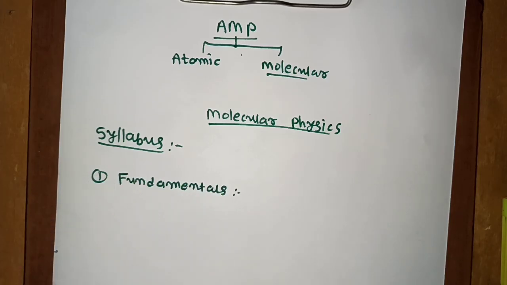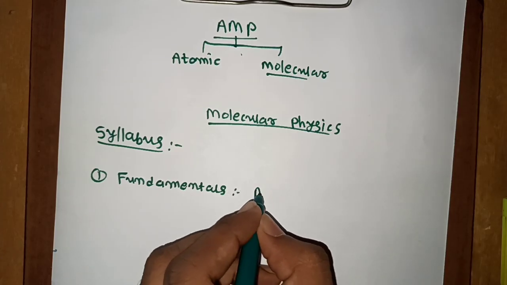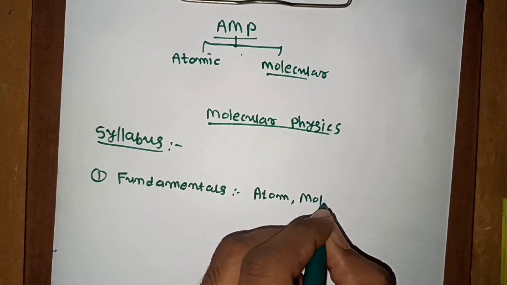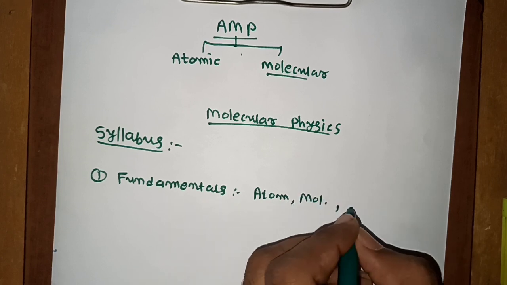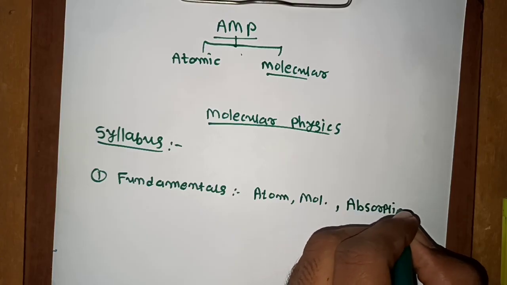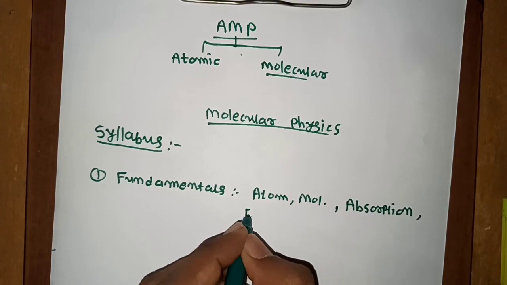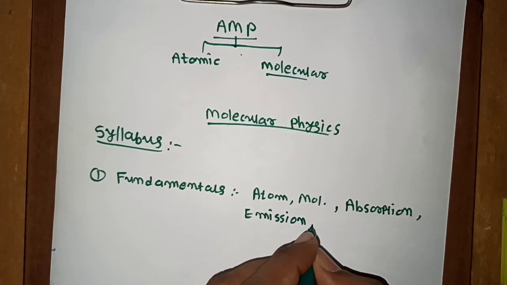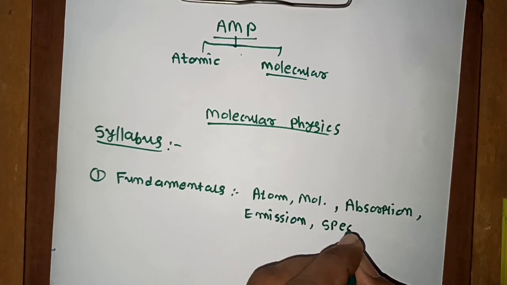In fundamentals, I will clear the concept of atoms, like what is the difference between atoms and molecules. Then I will talk about absorption, then emission, and also about spectroscopy.